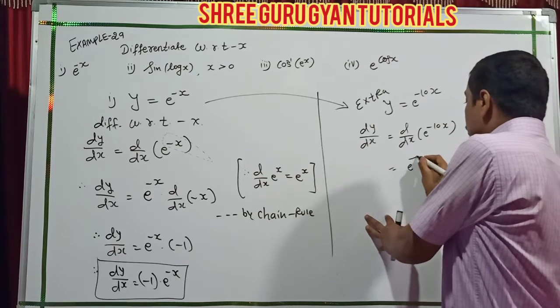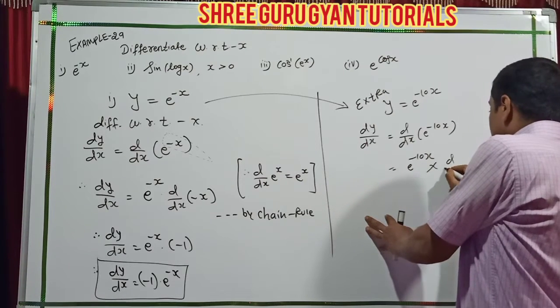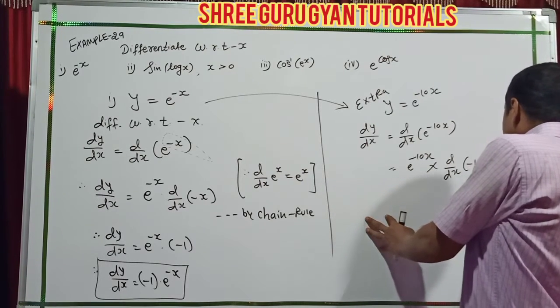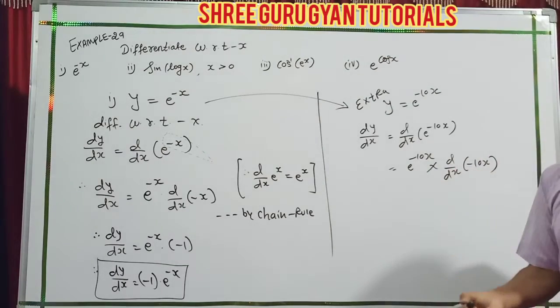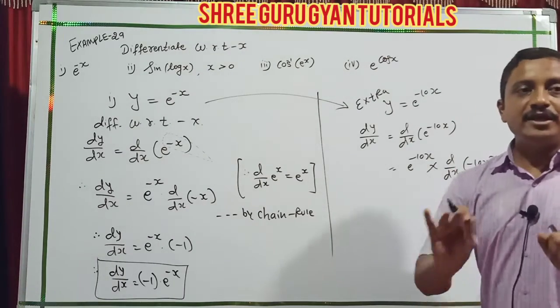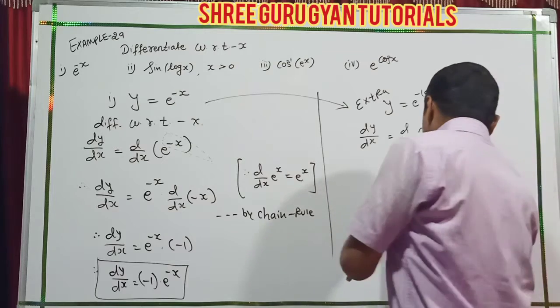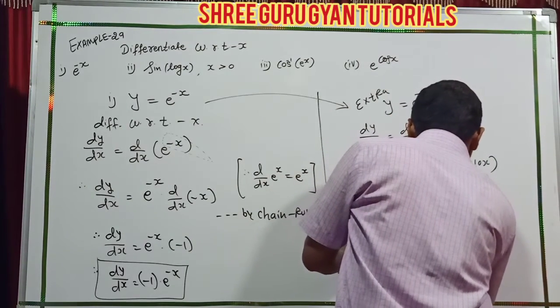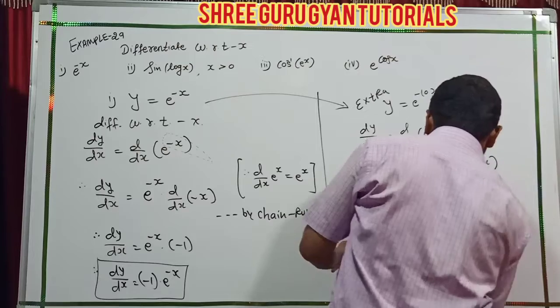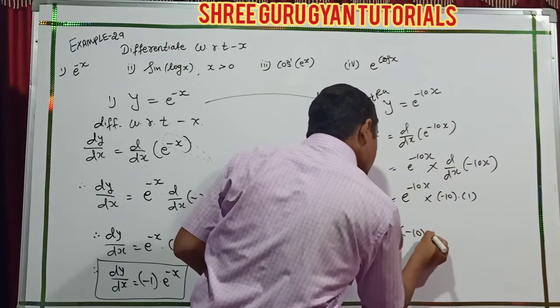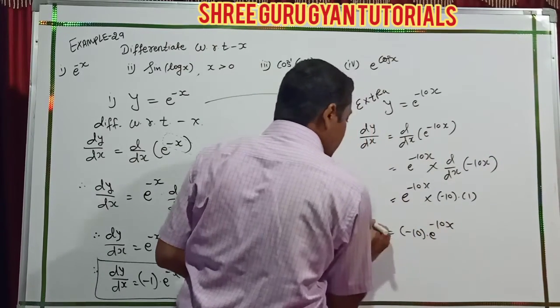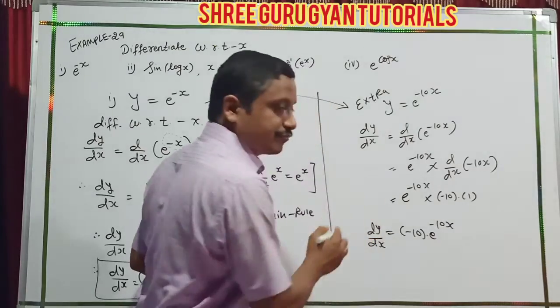I hope you understood. e raised to minus 10x stays the same, and which derivative is pending? Yes, the minus 10x derivative is pending, because the derivative of e is e. So e raised to minus 10x stays the same, here minus 10 and the derivative of x is 1. Finally I get minus 10 e raised to minus 10x. That's my different answer.